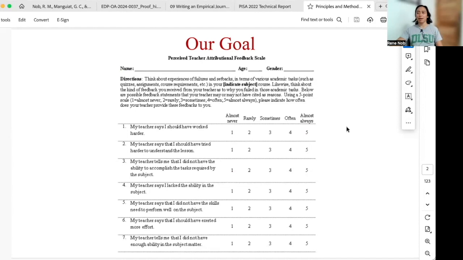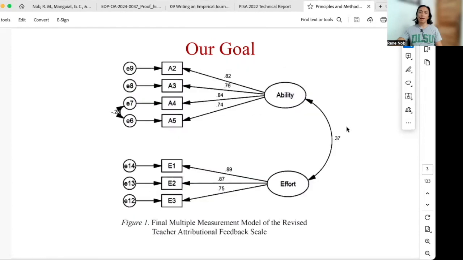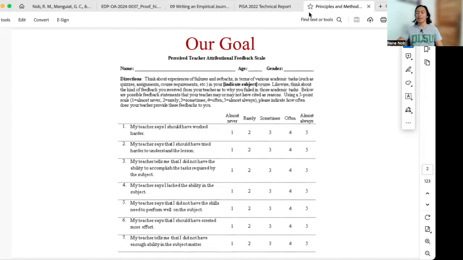And beyond the physical makeup of the scale, we also understand that this should be supported by some evidence of structural validity. In this case, this is a perceived teacher attributional feedback scale.